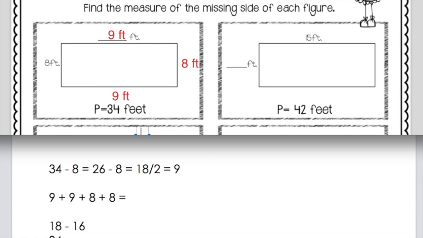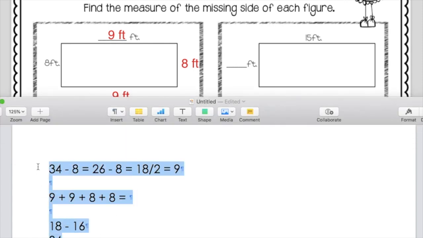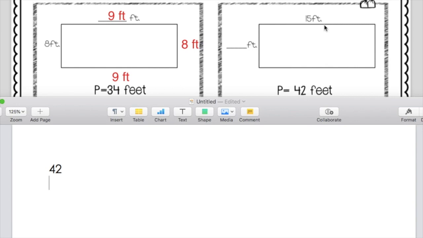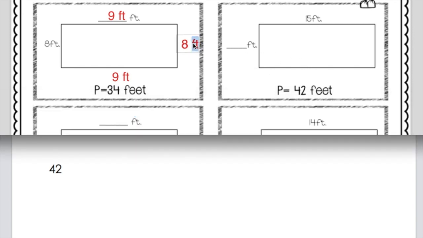And it gives us the side length for one of the questions, which is 15. So since we know that this length here must be equal to this length, we can go ahead and put that down as an answer.